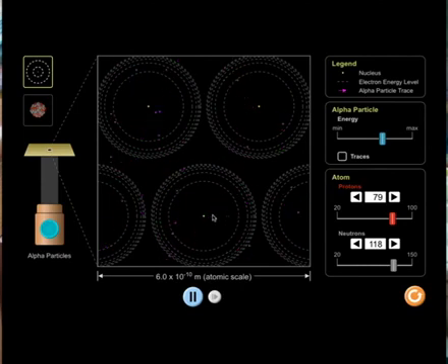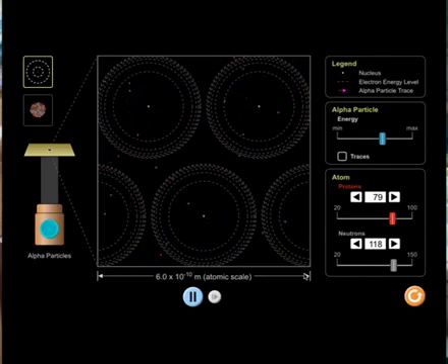We saw there that that was a very big deflection, whereas some of these are being deflected very slightly. That one, for example. So the closer they get to this positive thing, the bigger the deflection will be. So that tells them that there must be a place in the atom where all of the positive charge is.